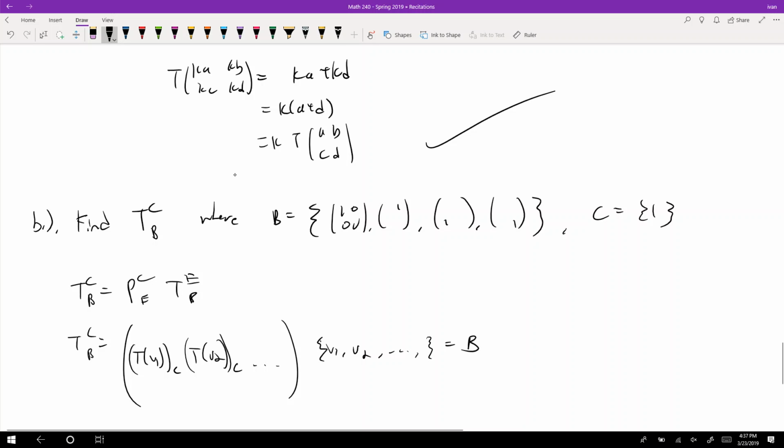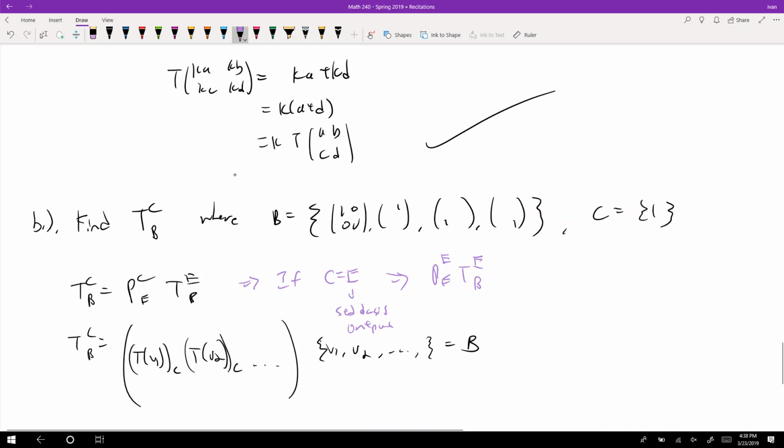Okay, so what's the catch? Well, the catch is, what does this turn into if B and C are both the standard bases? Or if C is just the standard basis for the output vector space? Well, if C is E, the standard basis for the output space, then you get P_EE times T_BE.